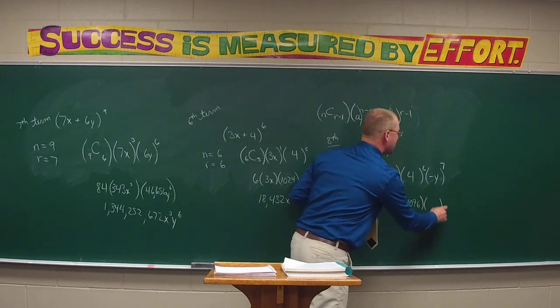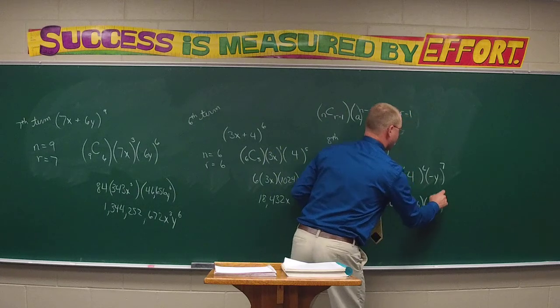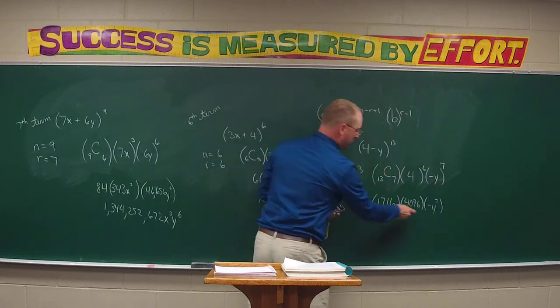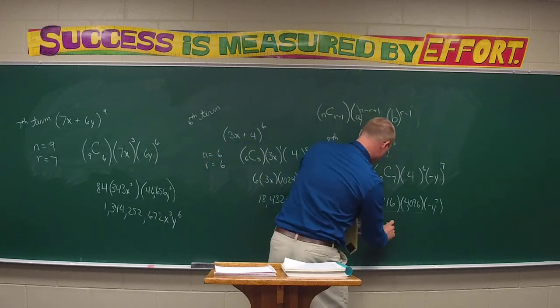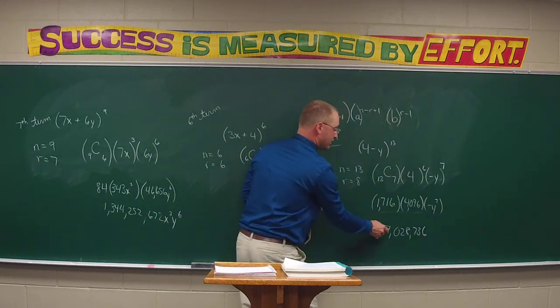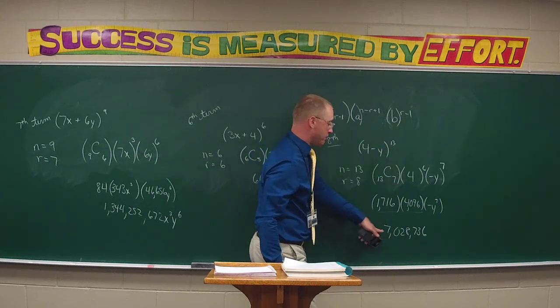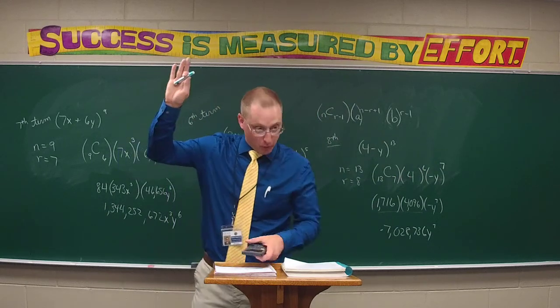And obviously, negative y to the 7th power class is negative y to the 7th. Again, that negative does not fall off. We just got to multiply the two big numbers together and end up with 7,028,736, but don't lose that negative. Slide that out to the front. Negative 7,028,736 y to the 7th. How many have that answer? For number 35.